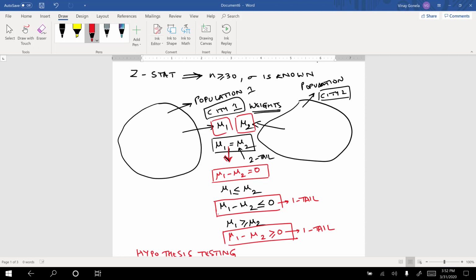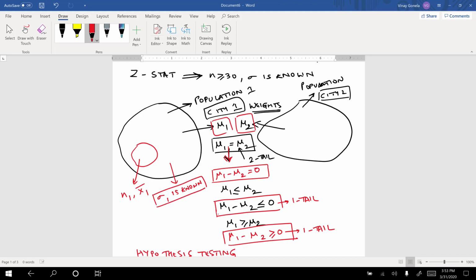So what do we do? We take a small sample from city 1, and the sample size is n1, and your sample mean is x1 bar. In this case we assume that sigma 1, which is the population standard deviation, is known.